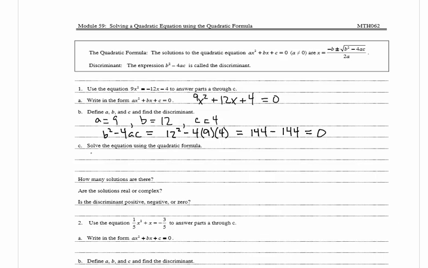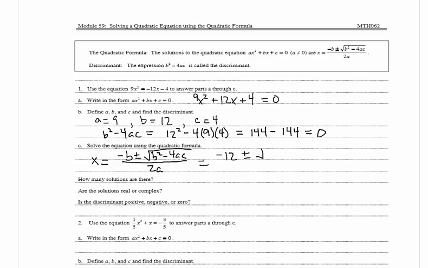And then in C, it says solve the equation using the quadratic formula. So we have x is equal to negative b plus or minus the square root of b squared minus 4ac divided by 2a. And this is equal to negative 12 plus or minus the square root.